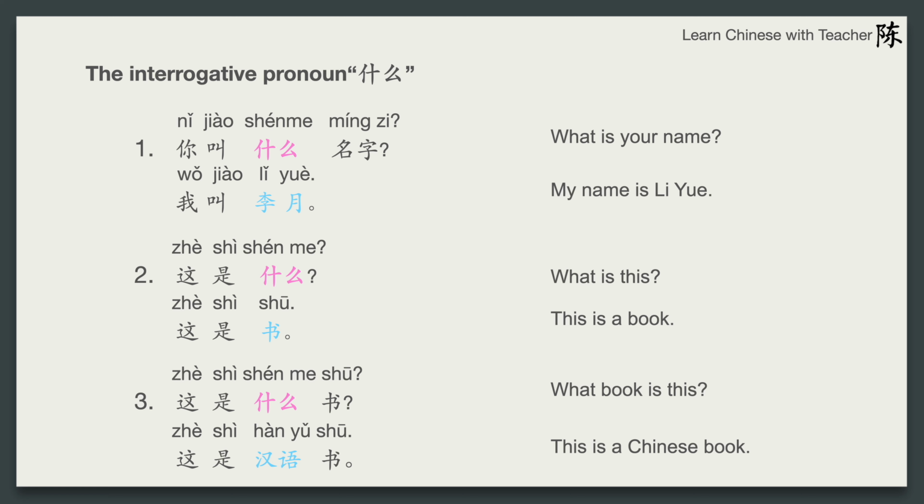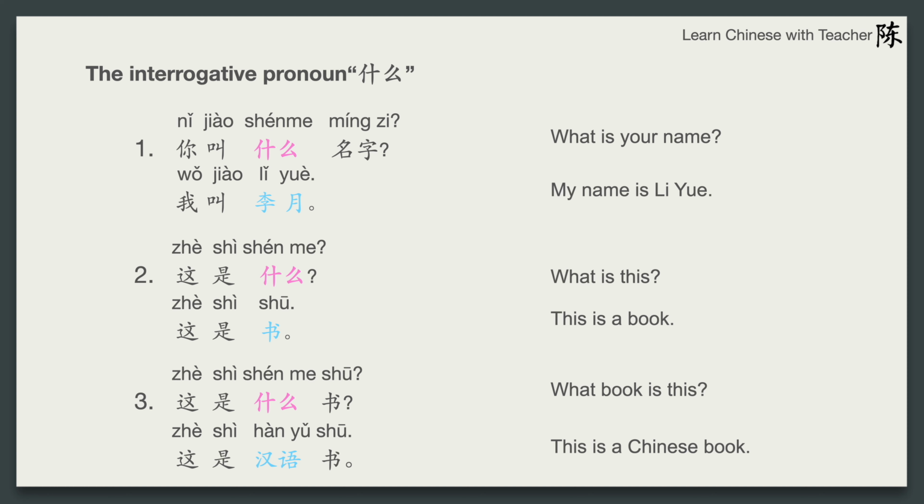I'm called 李月. The second one, 这是什么? This is what? 这是书. This is book. The third one, 这是什么书? This is what book? 这是汉语书. This is a Chinese book.